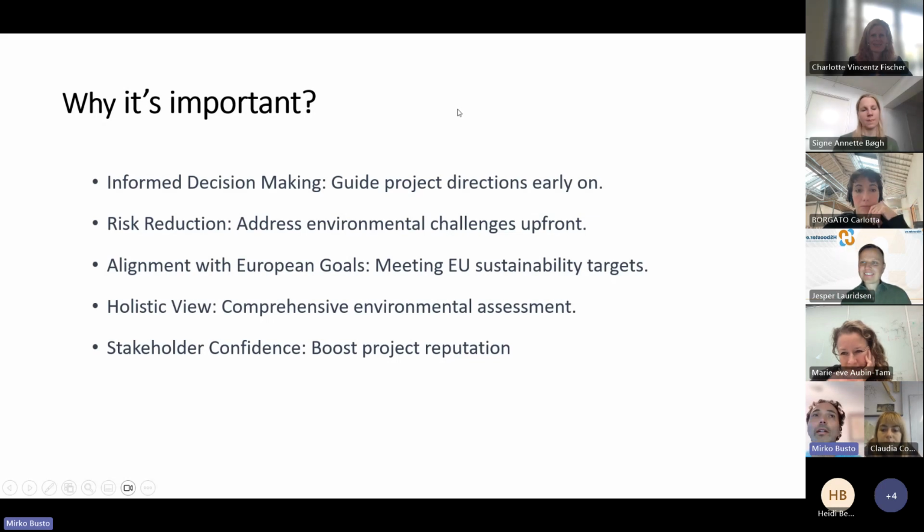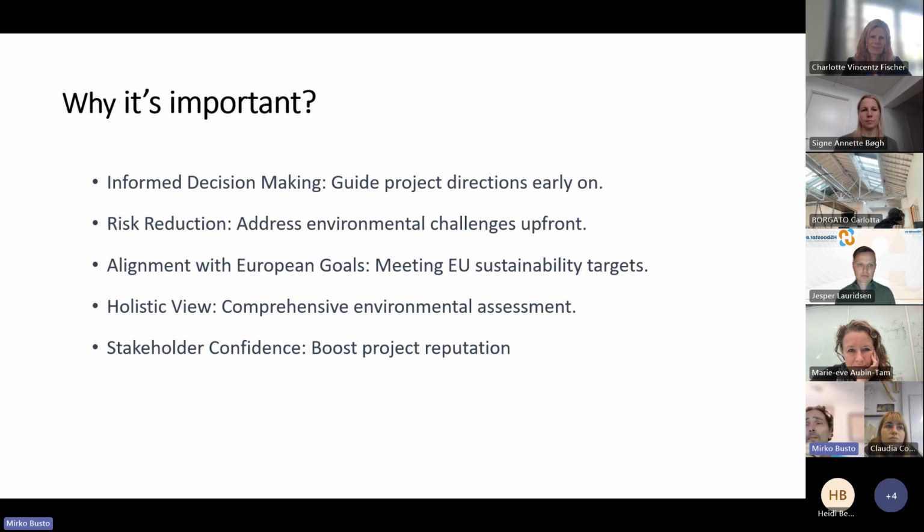So why is life cycle assessment important? It is important for many things. I try to concentrate on the context of European projects. So we want to have an informed decision-making process because Europe pushes towards more sustainable and environmentally friendly technologies.